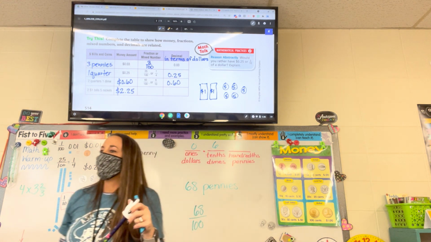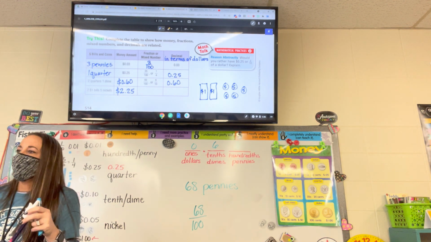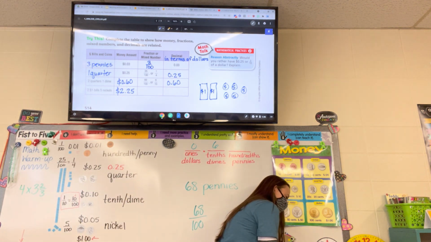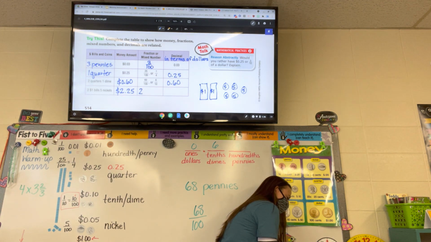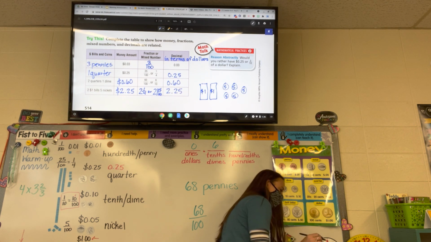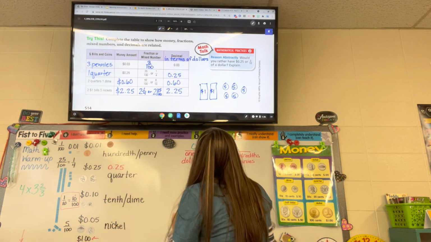Ethan? 2 wholes and 25 hundredths. Or you can, I did it as 2 and 1/4. There you go, Ethan. Give yourself a point. 2 and 1/4 or 2 and 25 hundredths. They both work. And then as the money amount, or the decimal in terms of dollars, will be just like the money amount, just without the dollar sign. Okay?